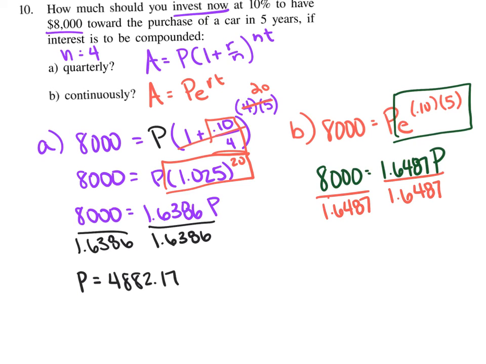Remember, carry your answers. I get a P equal to $4,852.25. And notice, the principal on a continuously compounded investment is smaller than that on the quarterly compounding investment. And that's because this one is going to do it more often, which is going to make you more money.